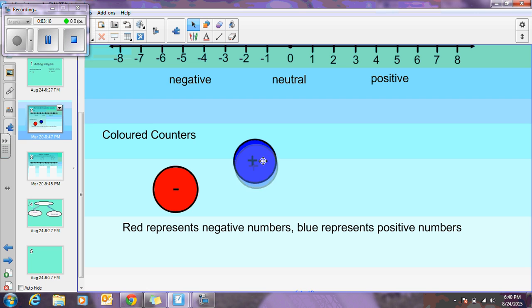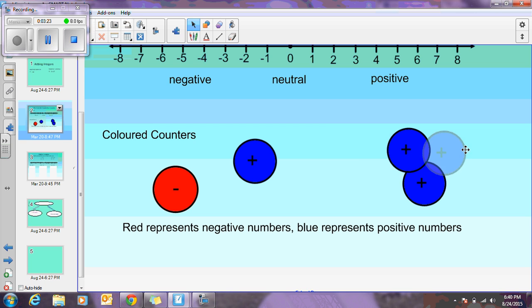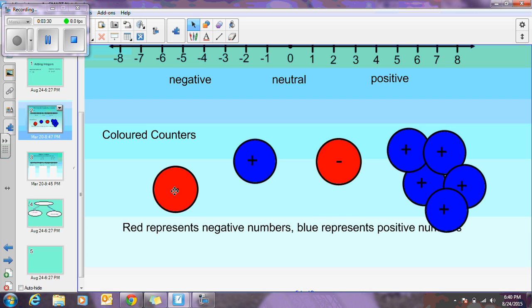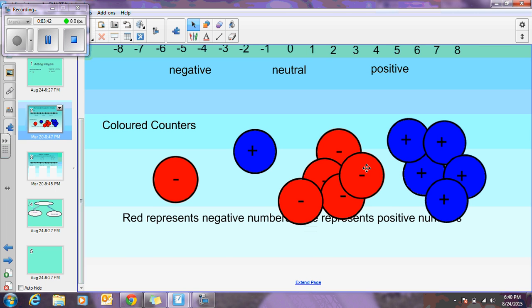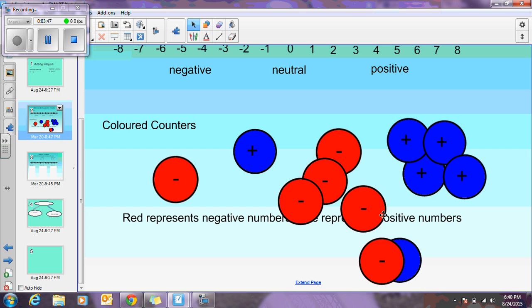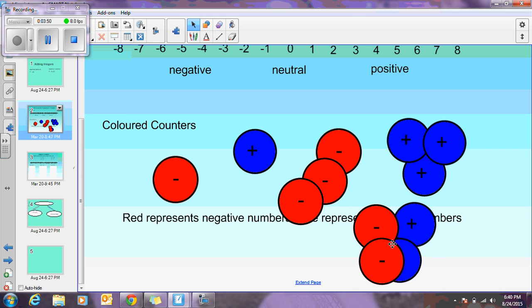Okay, I can show you. So if I have 5 positives, 1, 2, 3, 4, 5, and then I have 5 negatives, 1, 2, 3, 4, 5. I can go ahead and group these together and start canceling them out. There's a zero pair. There's a zero pair. These look kind of like grapes to me.